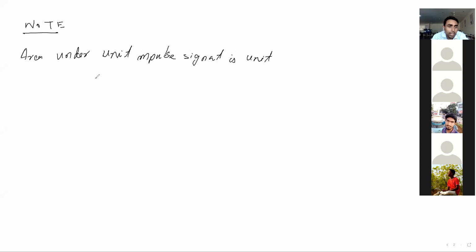Mathematically we can write it as the integration from minus infinity to infinity of del of t dt equal to 1. Is it clear? Because integration represents the area under a curve. Here the curve is the impulse signal, so the area under the curve will be unity. This is one property of the unit impulse signal.